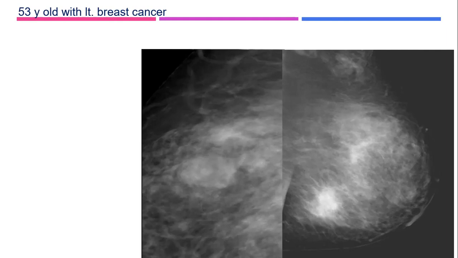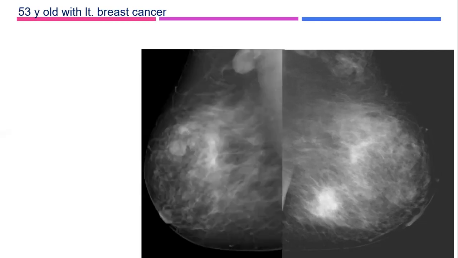That was my mistake. You see, because it was echo-free. Okay, echo-free. But only the wall is lobulated. Okay, and I ignored the surrounding distortion.